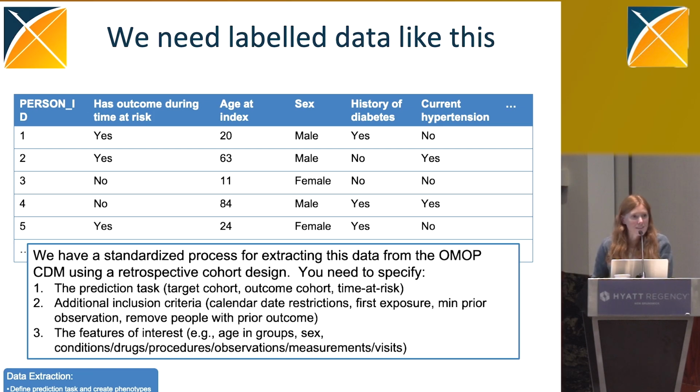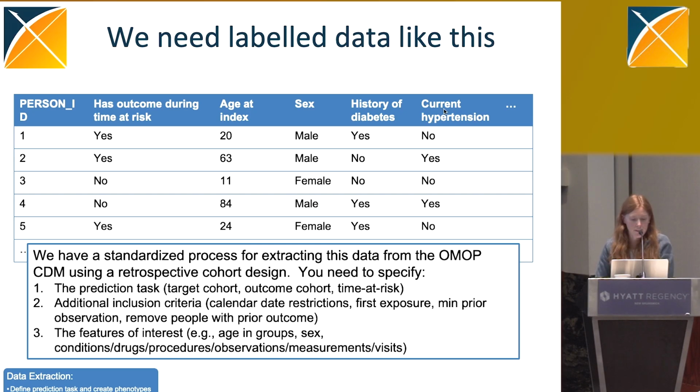So this is what we actually need when we do a prediction. For our task of interest, we need to create this data set where we know all the people in our target population. We know whether they had the outcome during the time at risk. Yes means they had the outcome, no means they didn't. And then we need some features that describe those patients. So what was their age at index? Were they male or female? What condition history do they have?